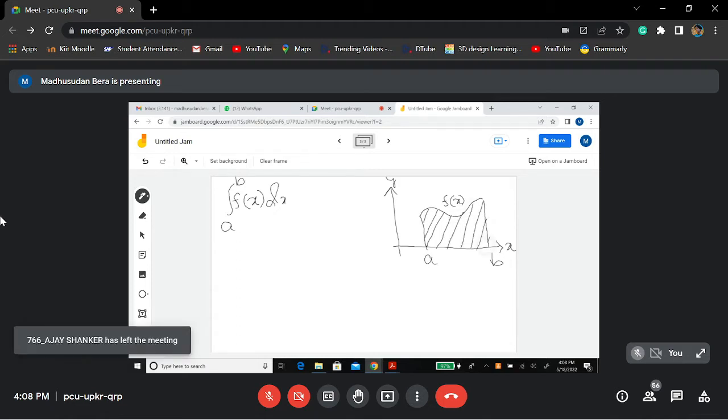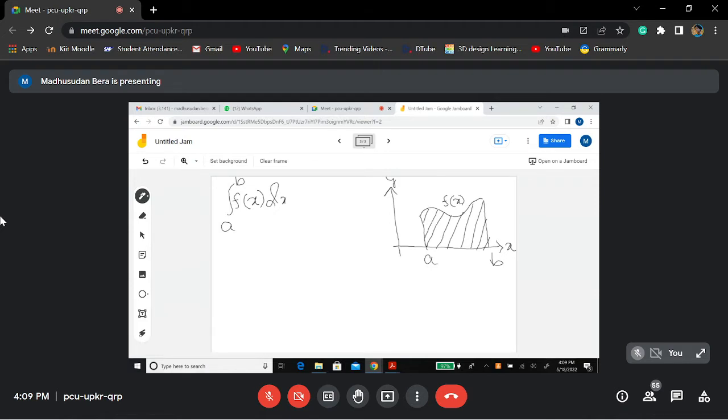Correct or not? A to b f x dx is nothing but the area under the curve f x and the x axis between x equal to a and x equal to b. Is that okay? Yes, sir.